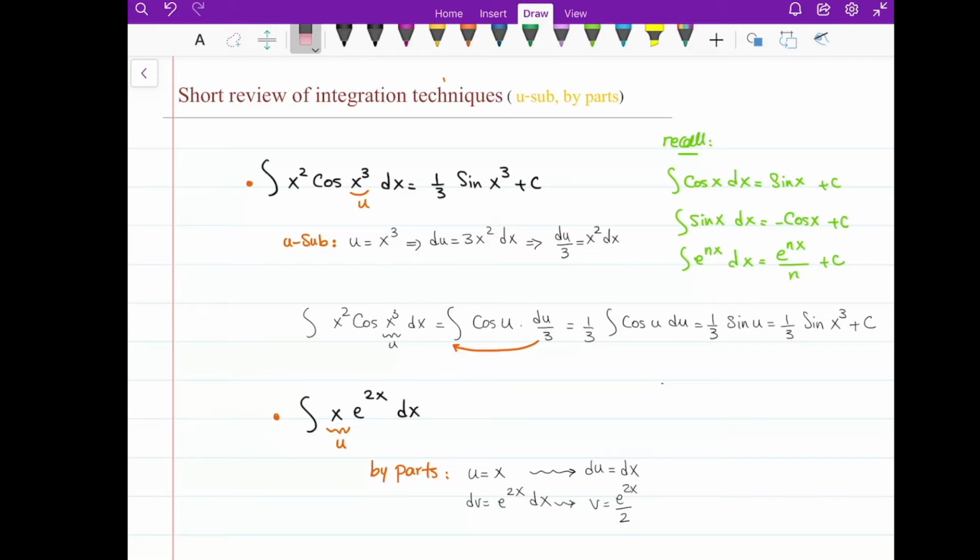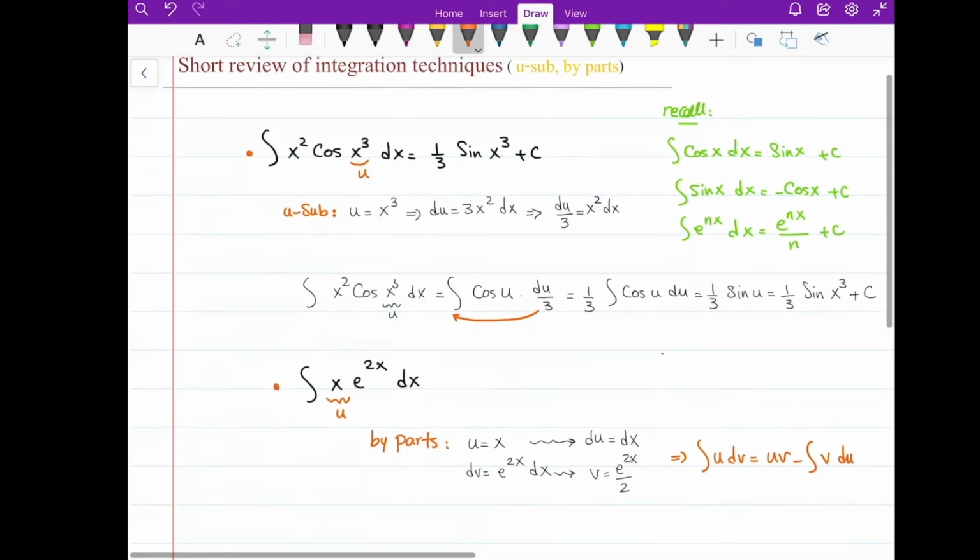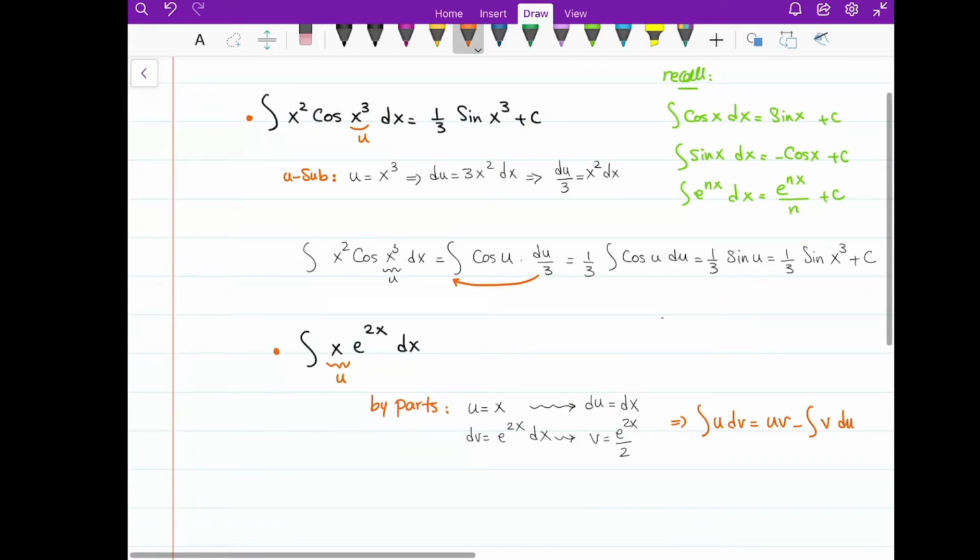Now I'm gonna use the formula for by parts. The integral of u dv would be uv, so basically just the functions, minus the integral of v du. So let me solve the integral that I have using this formula.